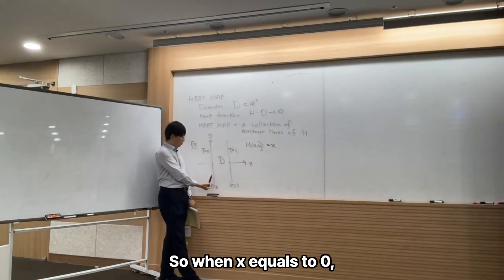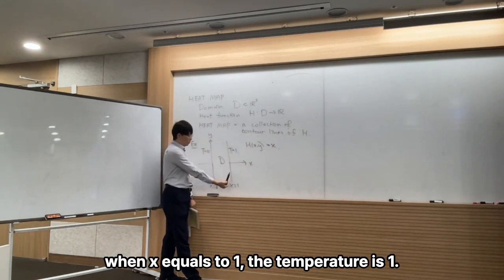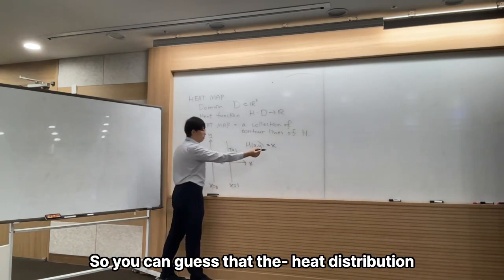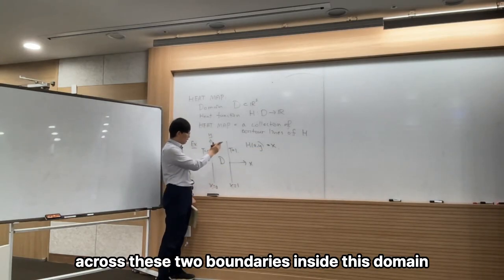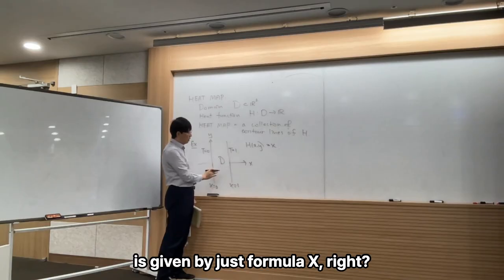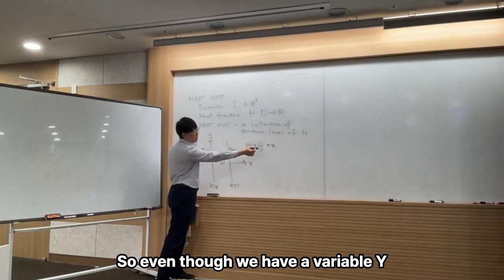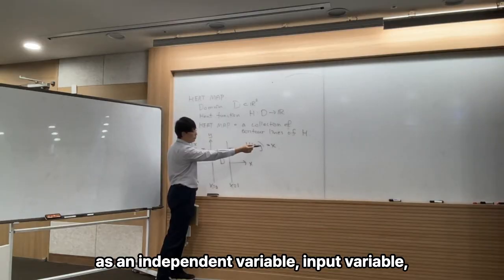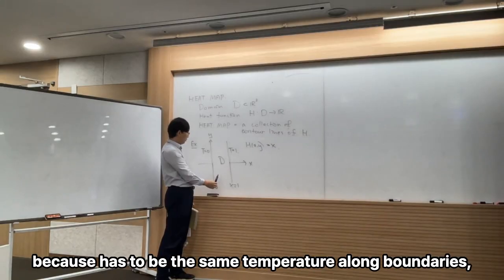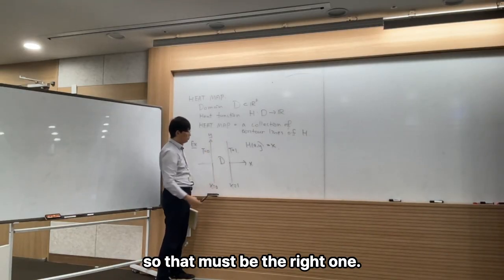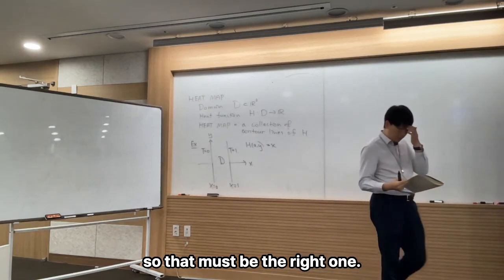So when x equals 0, then the temperature is 0. When x equals 1, the temperature is 1. So you can guess that the heat distribution across these two boundaries inside of this domain is given by just the formula x, right? So even though we have a variable y as an independent variable, input variable, it does not appear here because there shouldn't be any changes across these vertical lines because it has to be the same temperature along the boundaries. So that must be the right one.